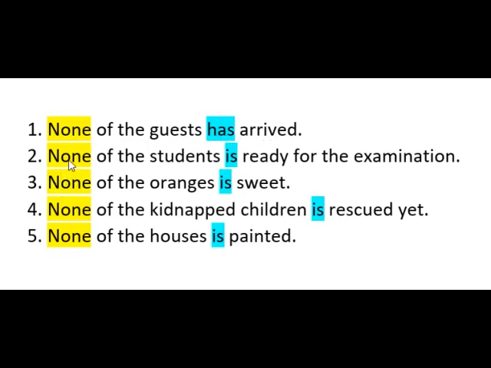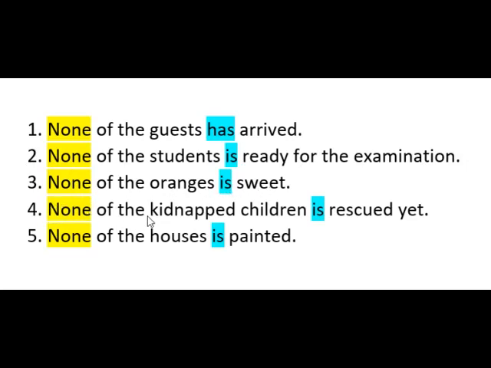Number 2, none of the students. Take note that the students is in plural form, yet we use is ready for the examination because we started the sentence with none. Number 3, none of the oranges is sweet.